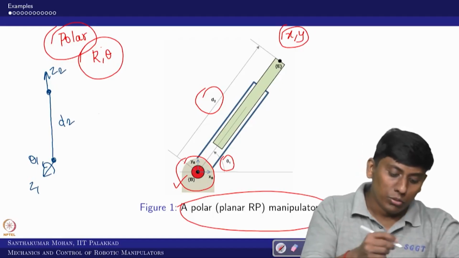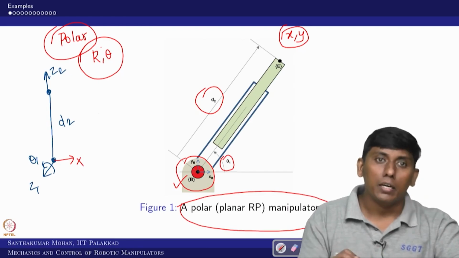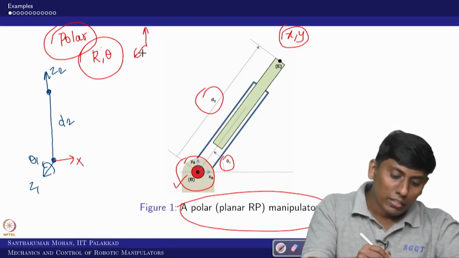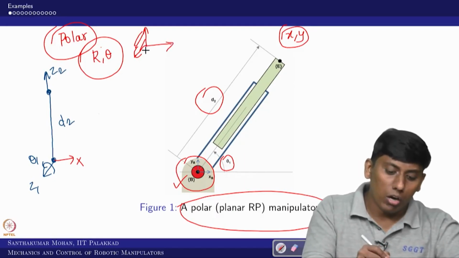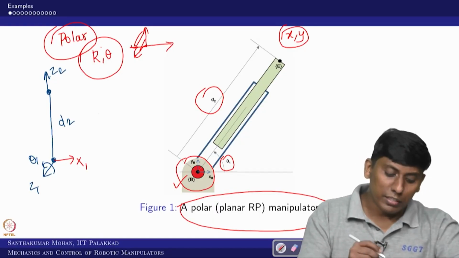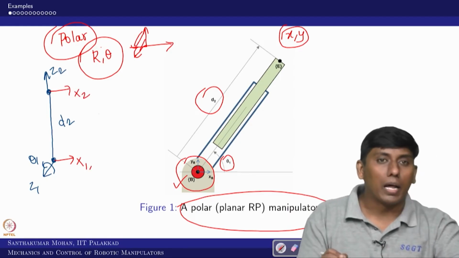What benefit? Your x1 is written perpendicular to the plane containing z1 and z2. So, here what plane is it containing? This is the plane containing. Your x can come outward or inward. In this case I took it outward, so x1, and x2 can be parallel.